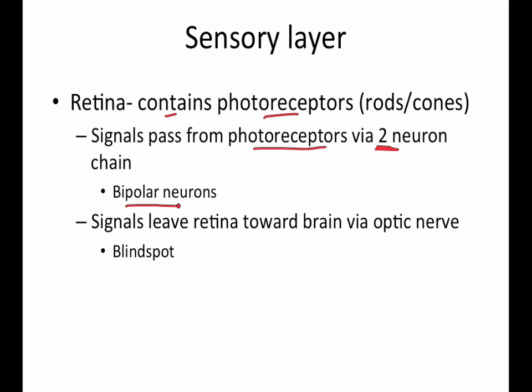These are bipolar neurons. So if you remember back in the very beginning part of the chapter, we talked about a multipolar neuron, a bipolar neuron, and a unipolar neuron. So these are the bipolar neurons. And then signals leave the retina toward the brain through the optic nerve, except there's this blind spot, which one of our labs will kind of point out the blind spot of your eye.